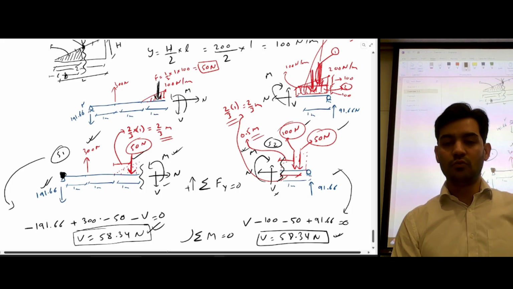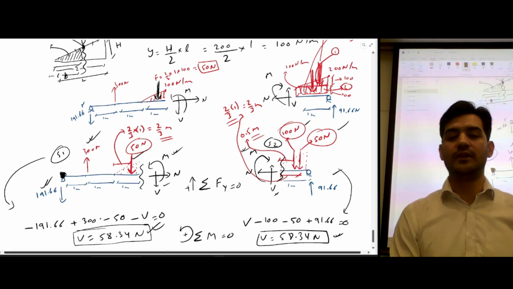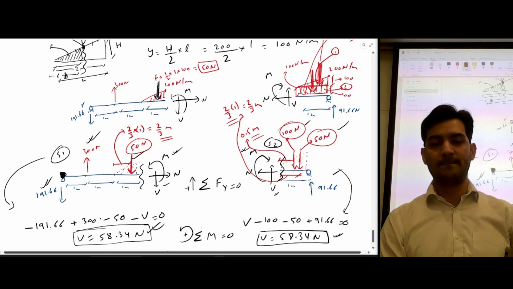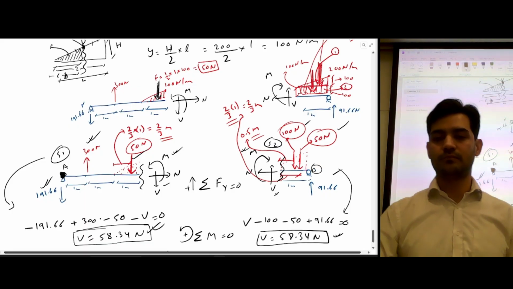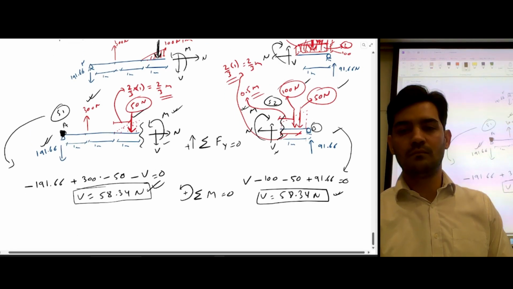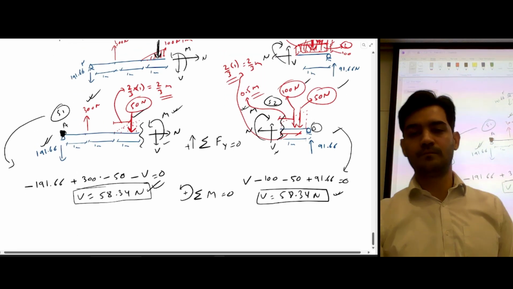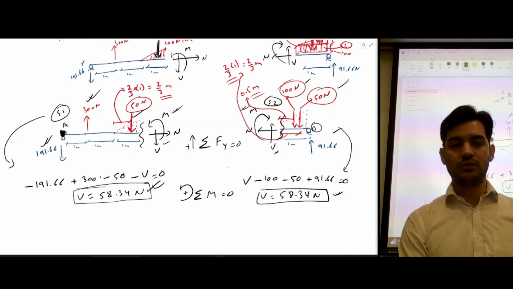And we're going to assume all the moments which are acting counterclockwise are positive and clockwise are negative. So I'm going to take moment at this point for this section.